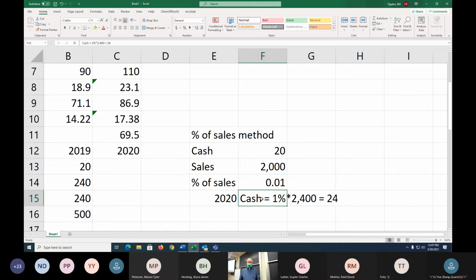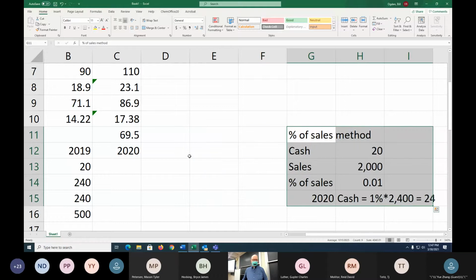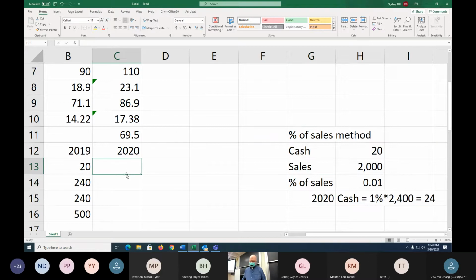Okay, now that's technically the percent of sales method. So we hold current assets and net fixed assets to a fixed percent of sales, and we'll do the same thing with accruals and payables. Okay, but rather than going through all this, it also works if you just simply increase these items proportionally to the increase in sales.